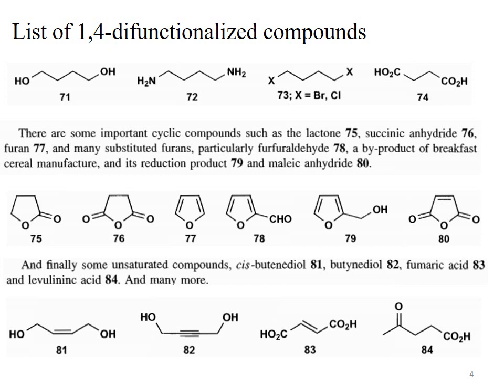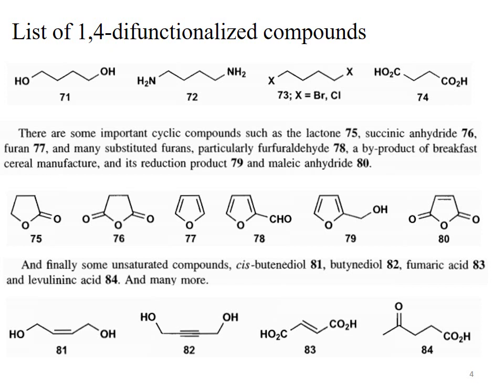Compound number 76 is succinic anhydride. Furan 77, and many substituted furans, particularly furfural aldehyde 78, a byproduct of breakfast cereal manufacture, and its reduction product 79, and maleic anhydride, compound number 80.